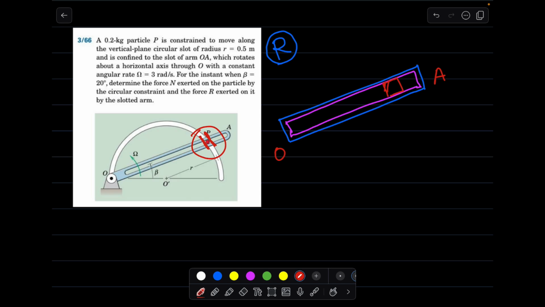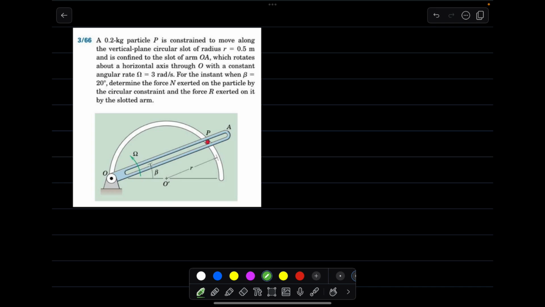When OA is moving in this direction, in which direction is the R force? It is easy to imagine that this force applied on the body will be perpendicular to the slotted arm. So R is perpendicular to OA. It is not in this direction, not here, not in this direction.